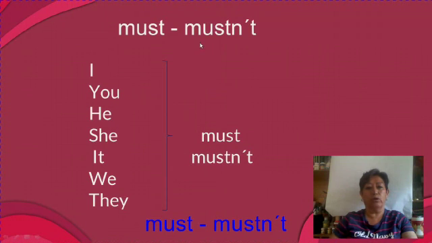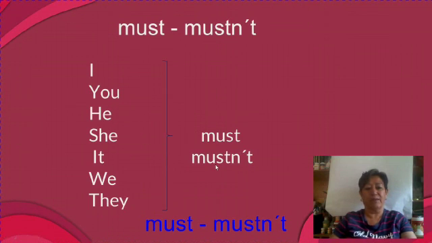And to talk about prohibitions, we need to use the modal auxiliary must plus not. I mustn't, you mustn't, he mustn't, she mustn't, it mustn't, we mustn't, they mustn't.